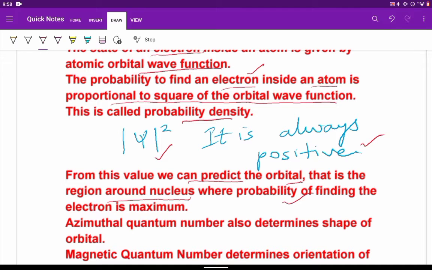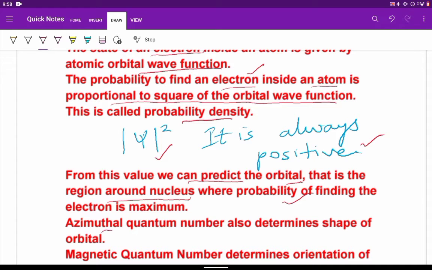But in case of the 2s orbital, the probability density first decreases, then it increases. So as we see, as the value of n changes, the probability density also changes. Now where the probability density is 0, that region is called the node.